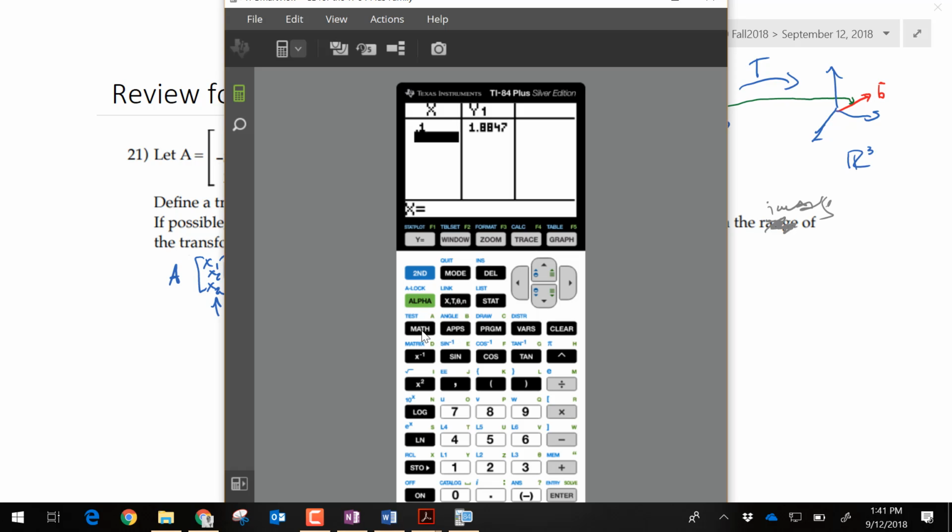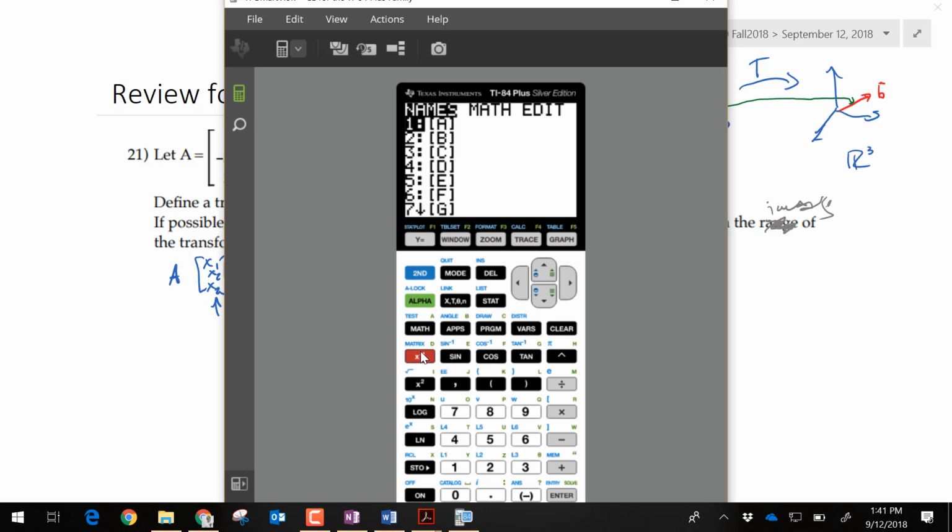Before I get your answer, just to even out the playing field, if you want to use your calculator to row reduce, because this quiz is about row reducing, you can do matrices, and I picked second function and x inverse.